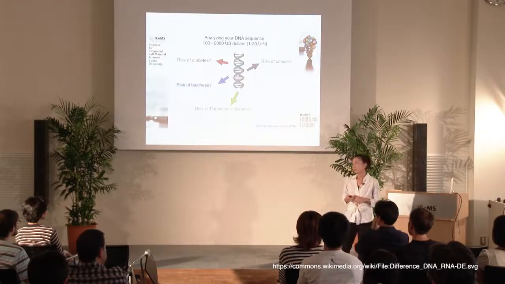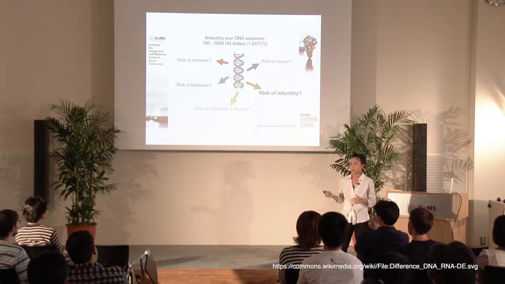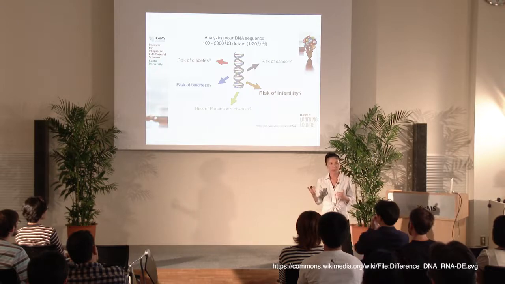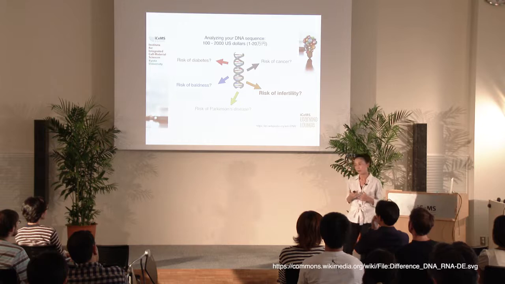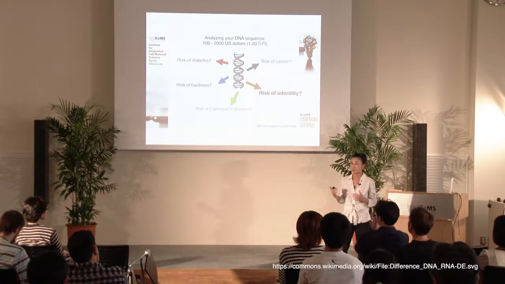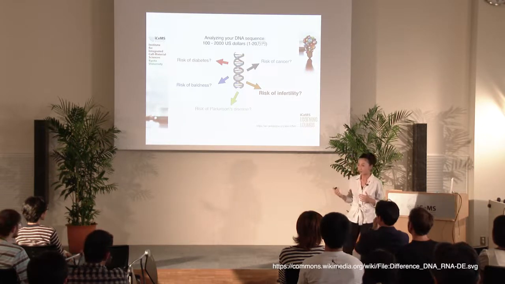So our hope is that by learning more about meiosis and fertility, we'd like to discover new genes that will let us forecast our reproductive health, and this will give us more power to predict or prepare for our future health.